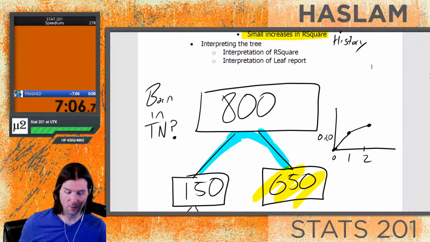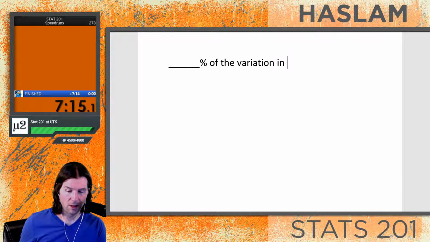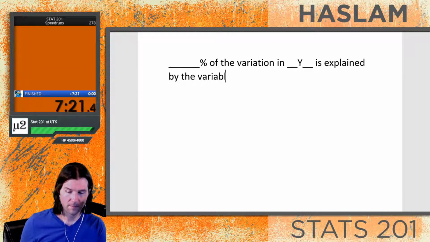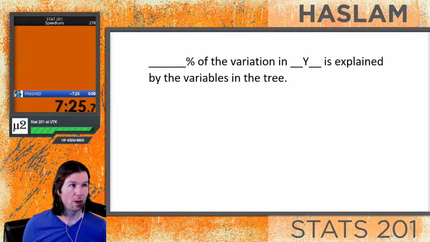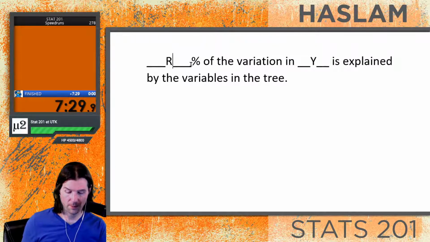Let's take a look at an interpretation for the R squared. We need to remember that it is blank percent of the variation in Y that is explained by the variables in the tree, and we plug into here the R squared.